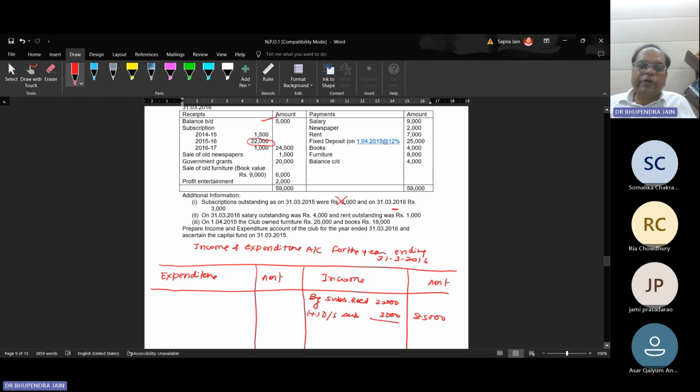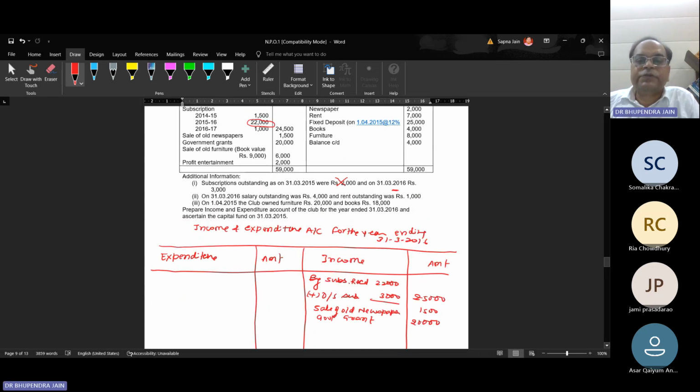Sale of old newspaper 1,500. Government grant. Again, the purpose of the grant is not given in the question, so that means this is a general grant.